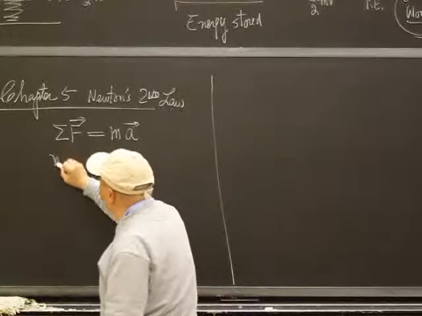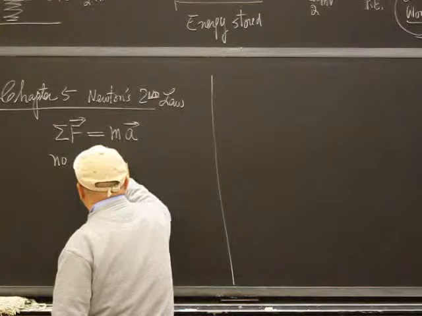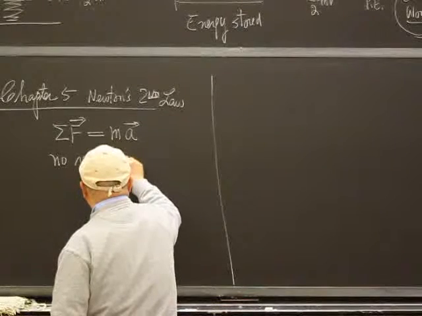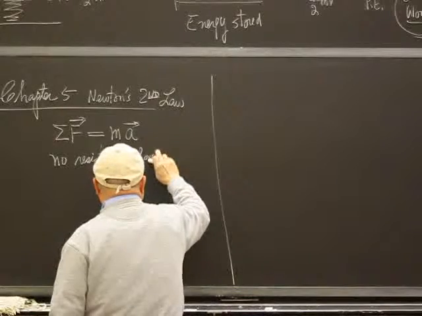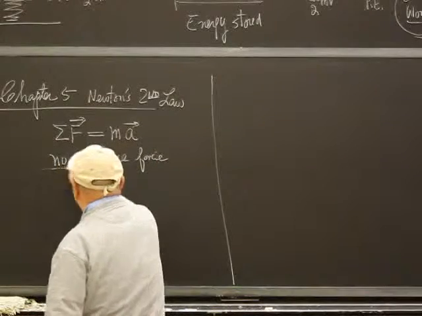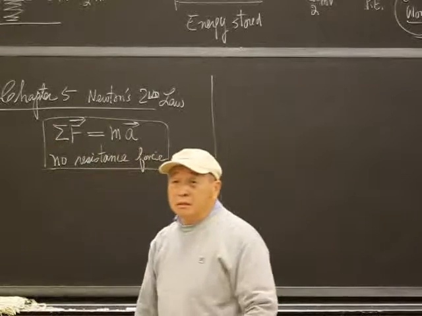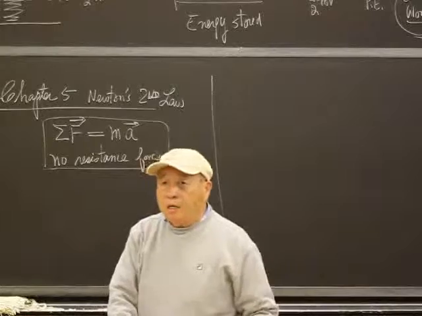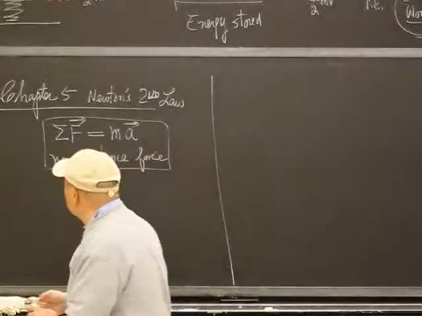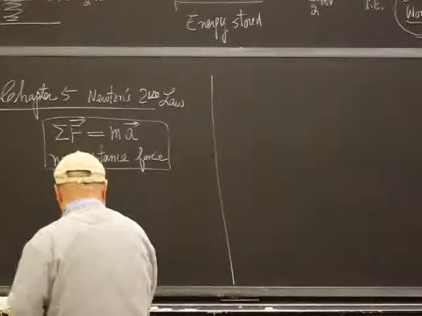There's no resistance force, or no friction. Idealistic cases. There's no friction in everything of Newton's second law in this chapter.